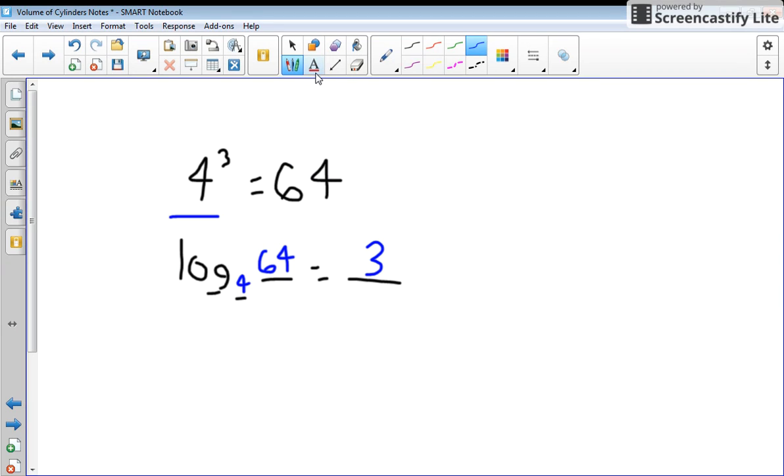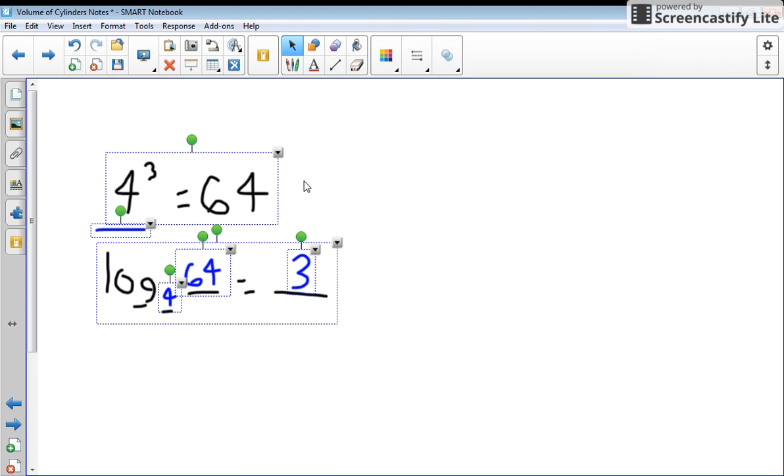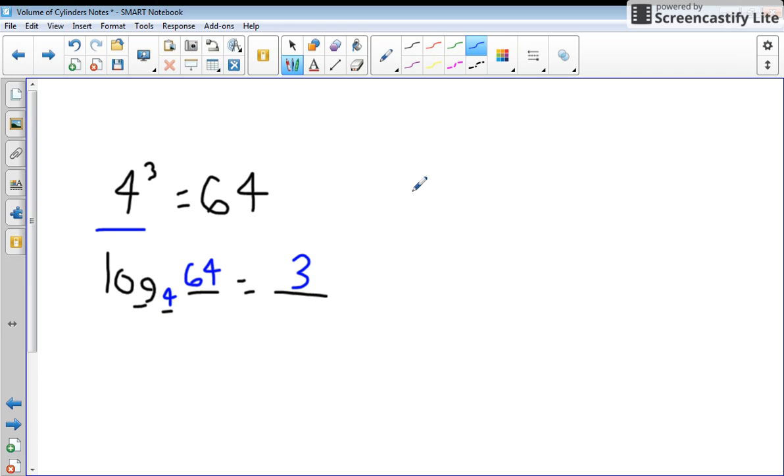Let's see if you can actually solve a more complicated problem using your logarithms. And in this case, this is actually going to be a decimal, and that's okay. But I want to see if you can figure it out. I want to take 3 to what power to give me a number like 75?